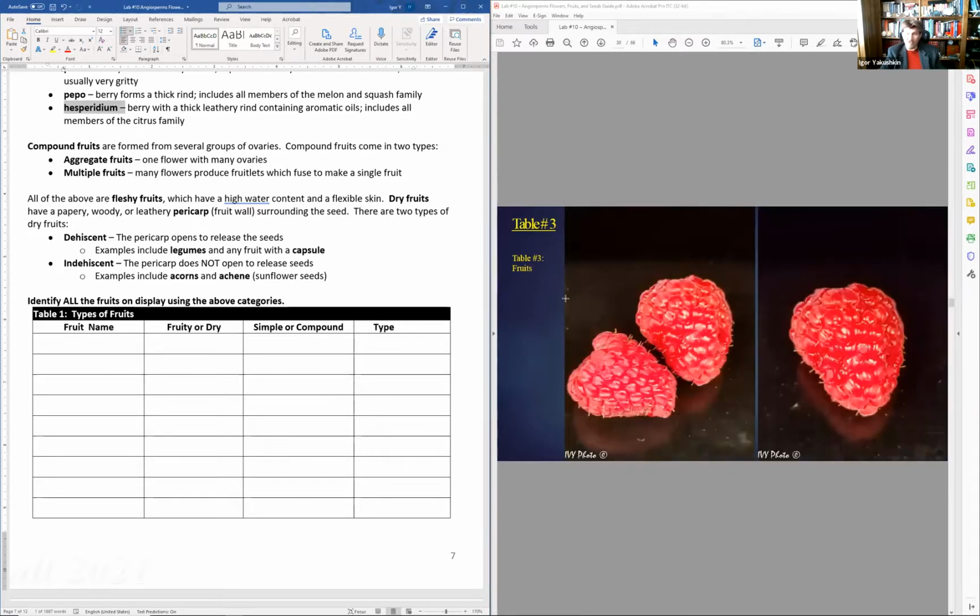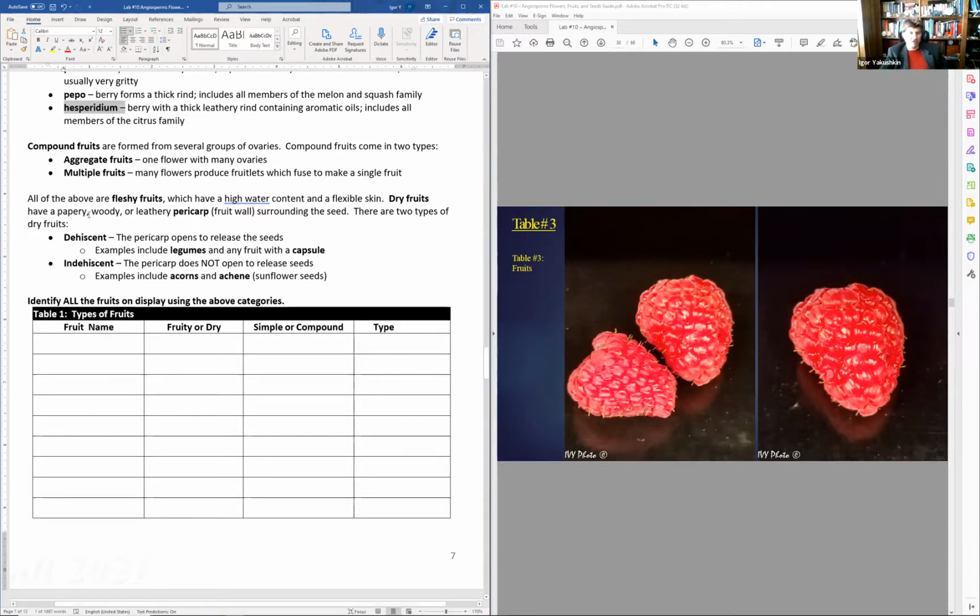Now we're going to the aggregate fruits. Here we're looking at the raspberry, blackberry. Raspberry in this particular case is a single flower, but each one of those parts is created by separate ovaries, fused together.